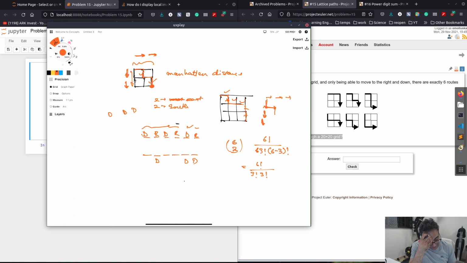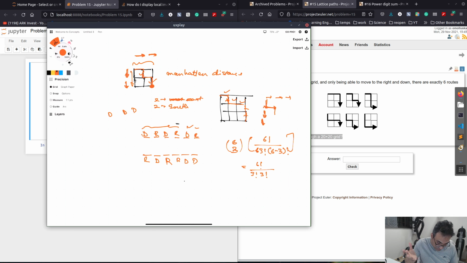Now this is the number of ways in which you can go down. The number of ways you can go right is fixed. That's the only way you can go to the right.